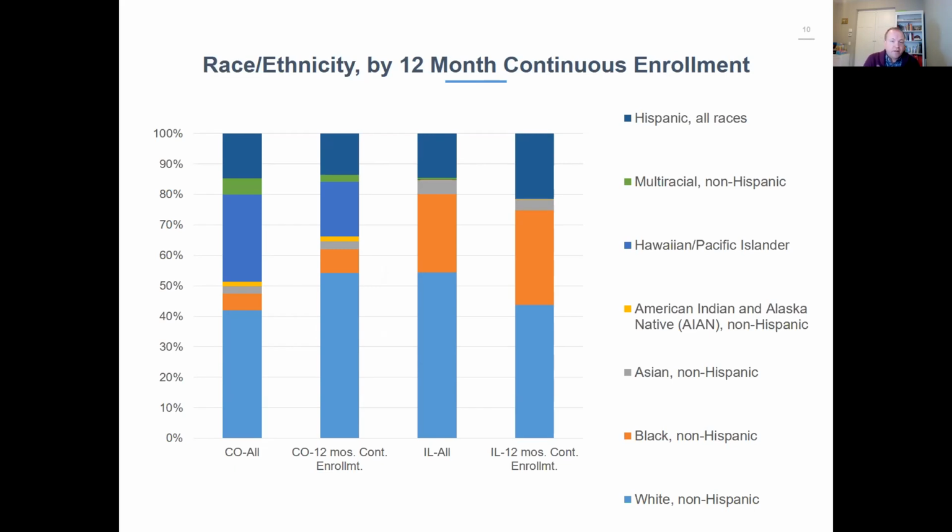By applying it in one state, we see a higher proportion of white non-Hispanic individuals in the 12 months of continuous enrollment, and we see some of the other groups shrink a fair amount. In Illinois, we have a different change. So the idea that it biases in a particular direction that we can then easily model away isn't necessarily the case. And so we just want to pay attention to the fact that this type of restriction is going to play out differently across states because of a lot of different reasons that we've already talked about today.